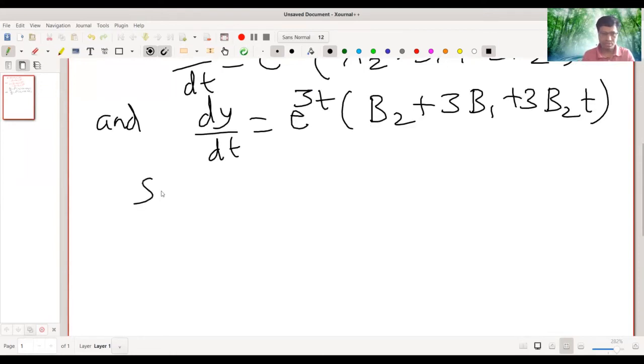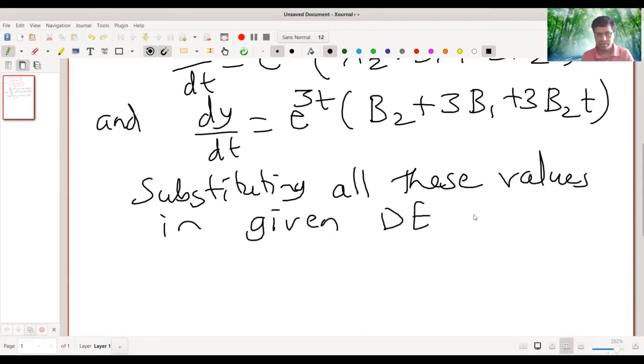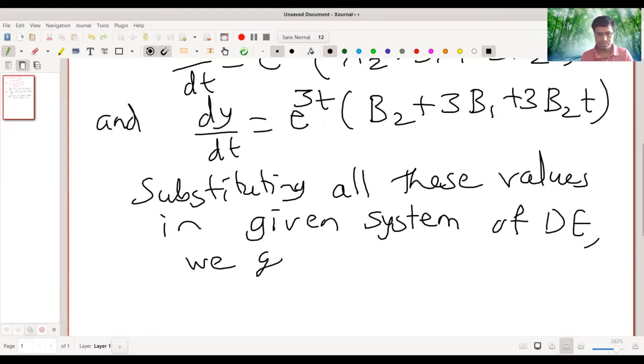Okay, substituting all these values in the given system of differential equations, we get, the first equation is dx by dt equal to 5x plus 4y.